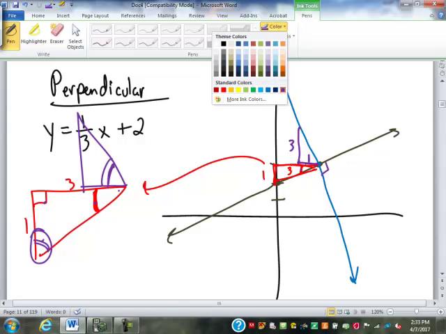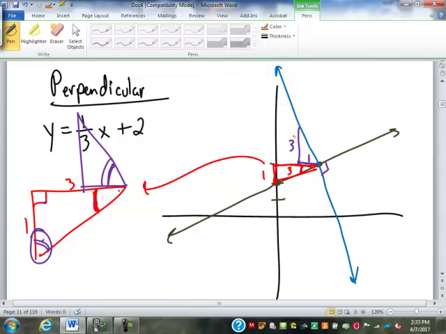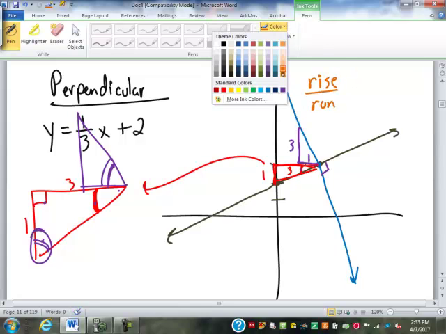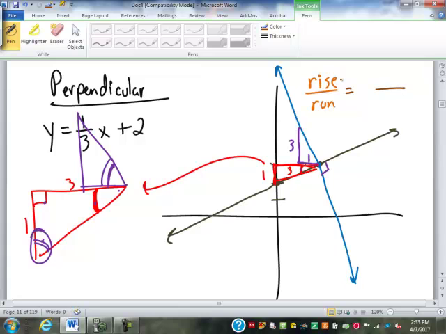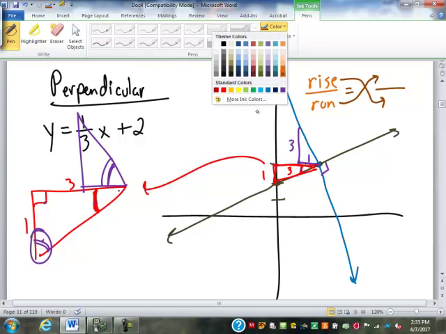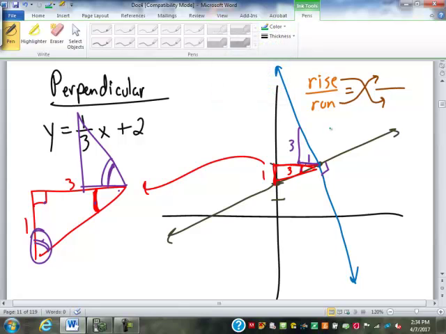Now, what I've done there is I've switched the rise and the run. So the rise from one of the slopes has to become the run for the other, and the run from that first slope has to become the rise for the other. In other words, we're doing a reciprocal.